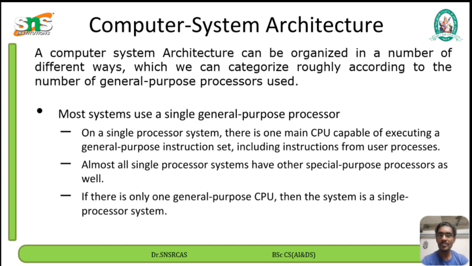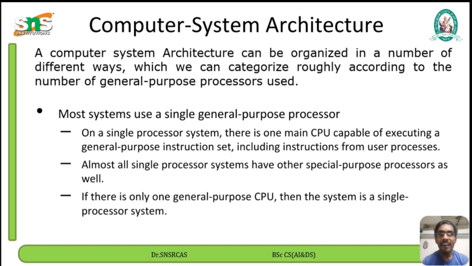Most computer systems use a single general purpose processor. What happens in a single processor system? There is one main central processing unit which is capable of executing a general purpose instruction set, including instructions from user processes to hardware component signals.